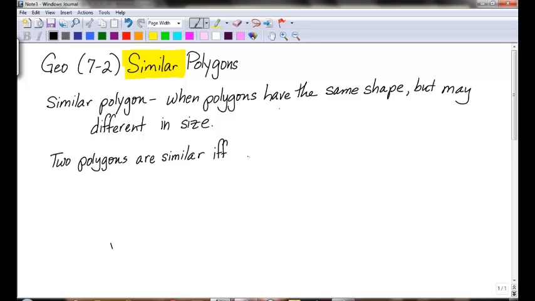IFF means if and only if they're corresponding.